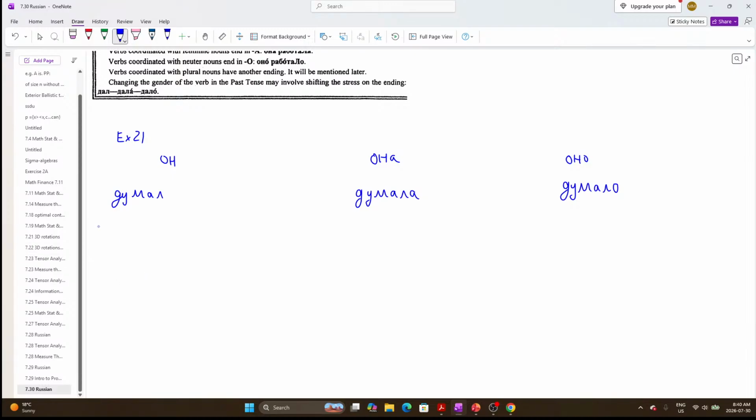All right, so the next one is volnaval. He worried. It worried. On naval. Она would be volnavala.